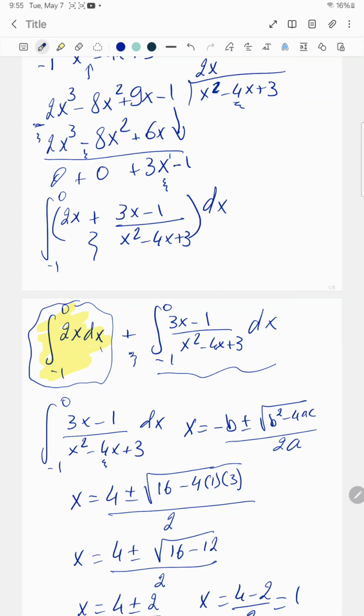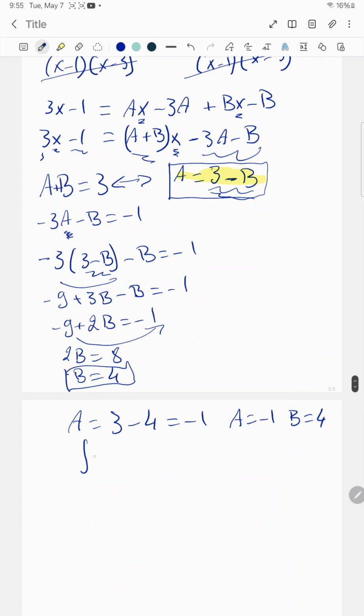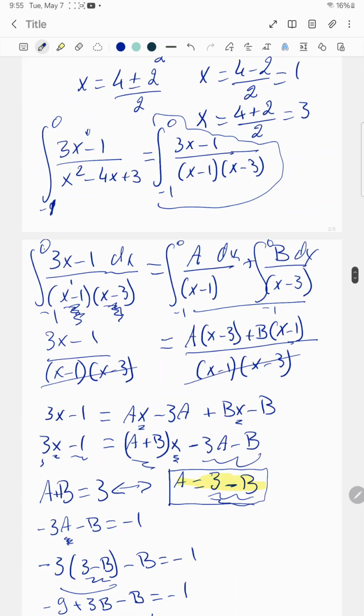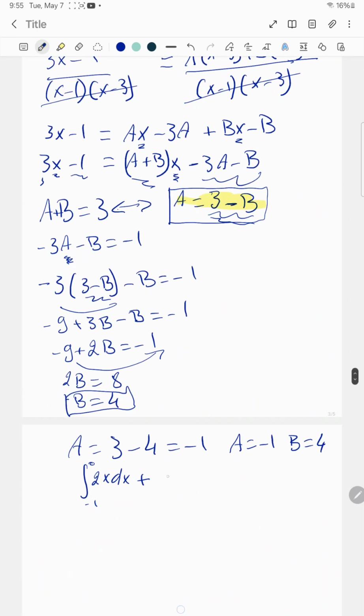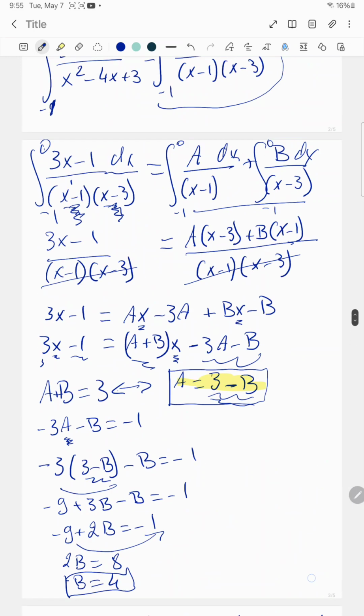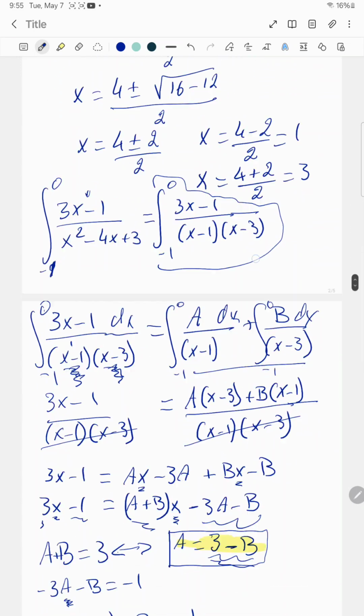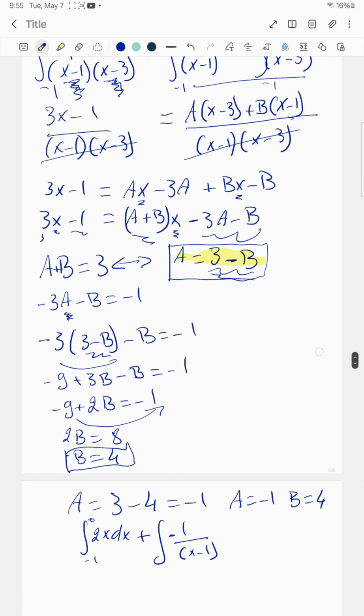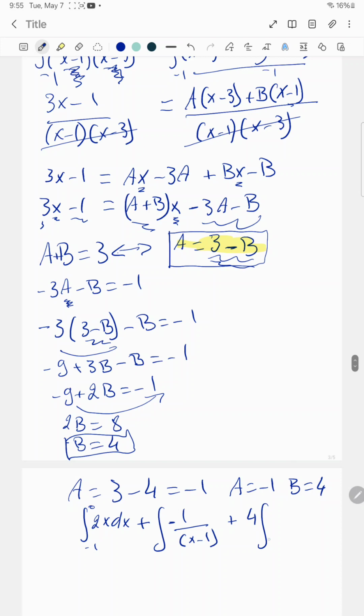So it is the integral between minus 1 and 0 of 2x dx, plus A, which is minus 1, times the integral of 1 divided by x minus 1, plus B, which is equal to 4, times the integral of 1 divided by x minus 3. 4 is a constant, I can take it outside.